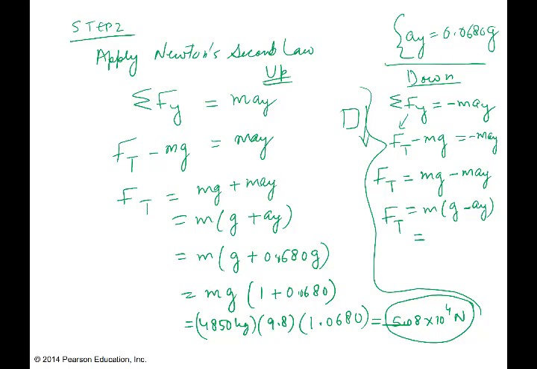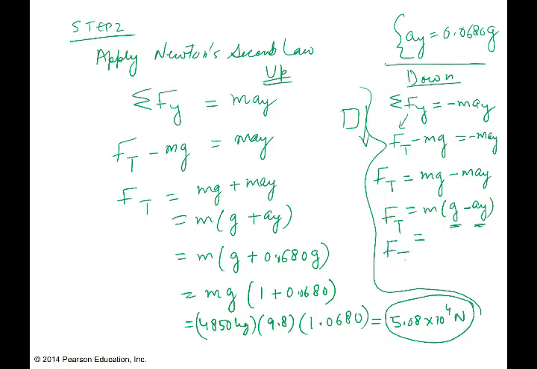So substituting the values for this, because there's a minus ay involved here, and it's going to be slightly smaller than the acceleration due to gravity because we are multiplying by 0.0680 g. We get the value of the force slightly decreased because we are subtracting the number. Okay, so it will be slightly lesser than 5.08 into 10 to the power of 4.